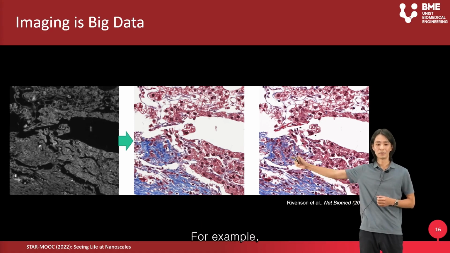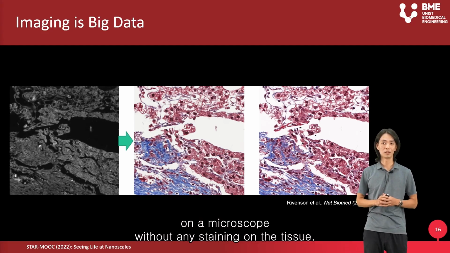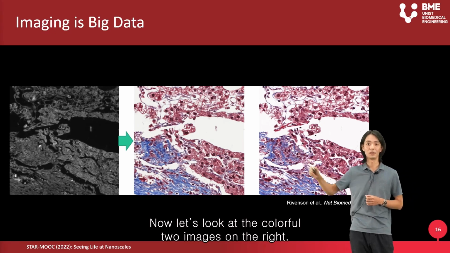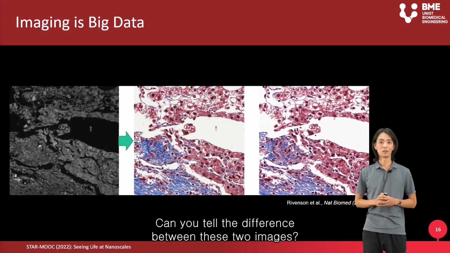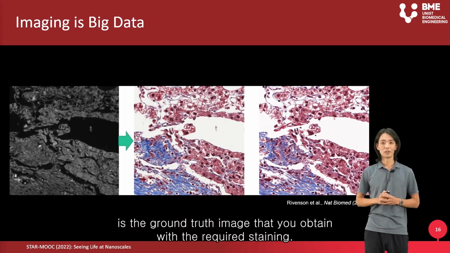For example, way on the left, here is a raw image that was captured on a microscope without any staining on the tissue. Now let's look at the two colorful images on the right. Can you tell the difference between the two images? It turns out that this one is the ground truth image that you obtain with the required staining.